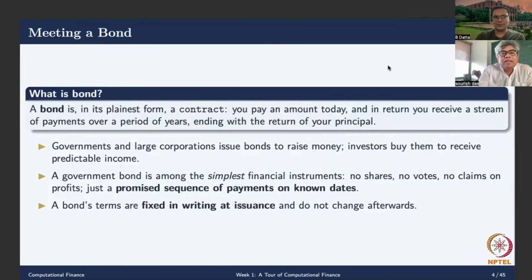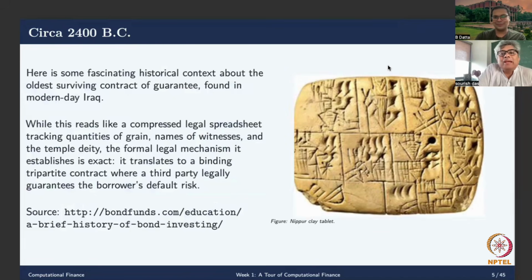Sure. All right. So this is one of the very interesting points that I found. One of the oldest bonds that have been found is a clay tablet bond in Mesopotamia, almost 2400 before Common Era. It is effectively a compressed legal spreadsheet tracking the quantities of agricultural grain, the names of the witnesses, and the temple deity.